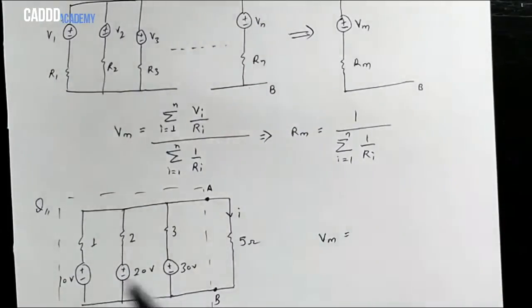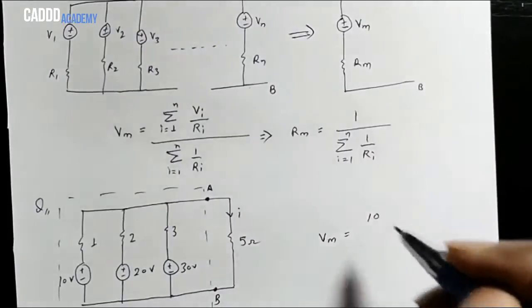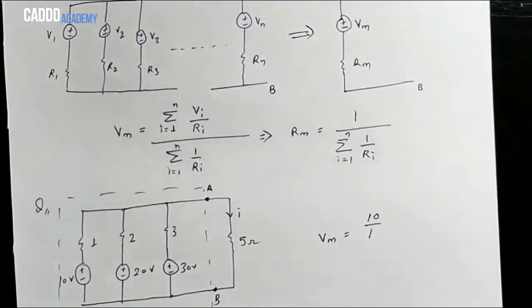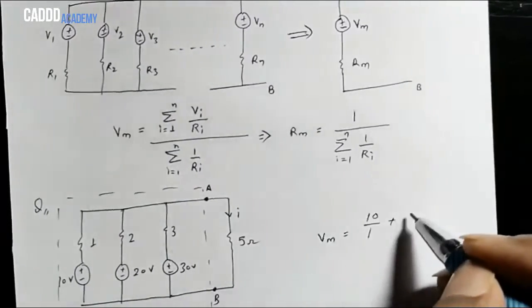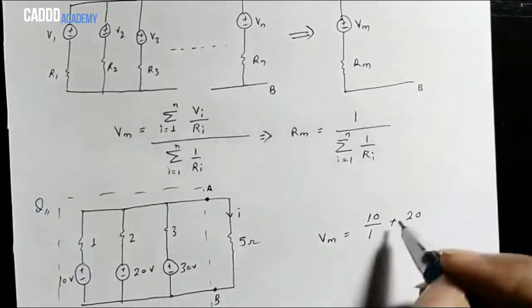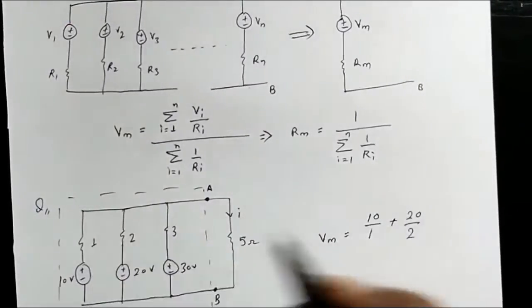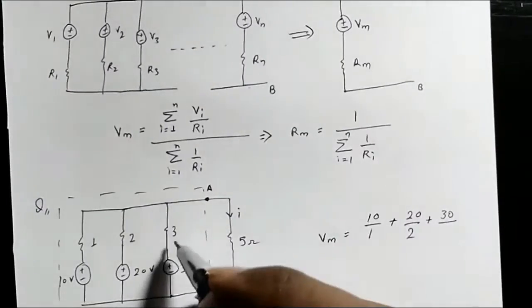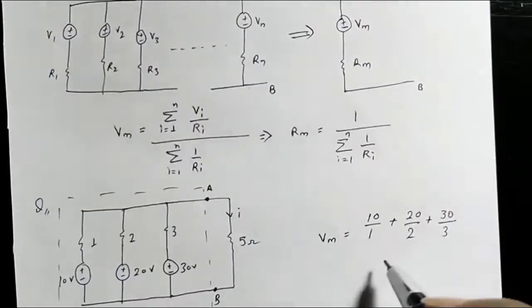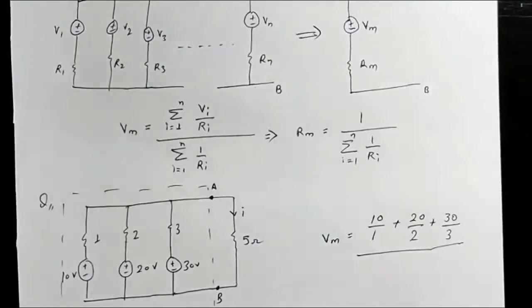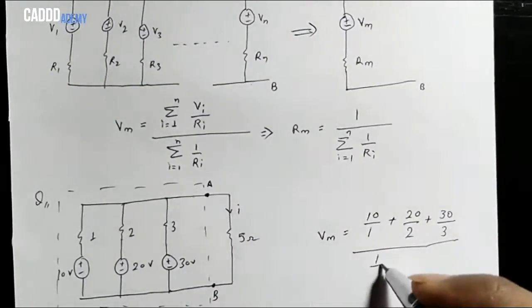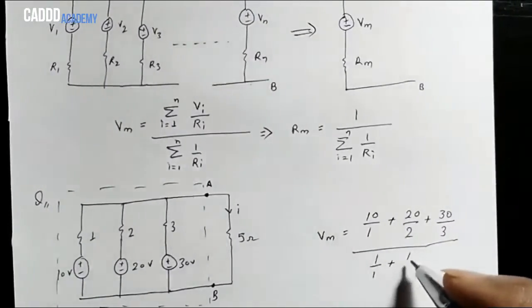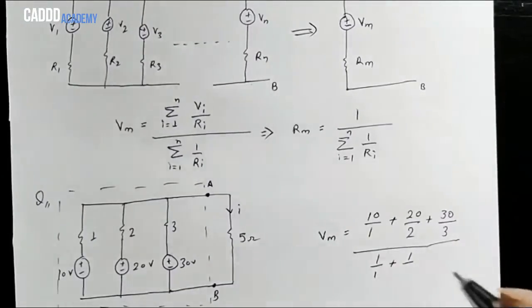We write 10 volt divided by that resistance, plus 20 volt divided by this resistance, plus 30 volt divided by this resistance, and divide the whole thing by the sum of the reciprocals of all the resistances.